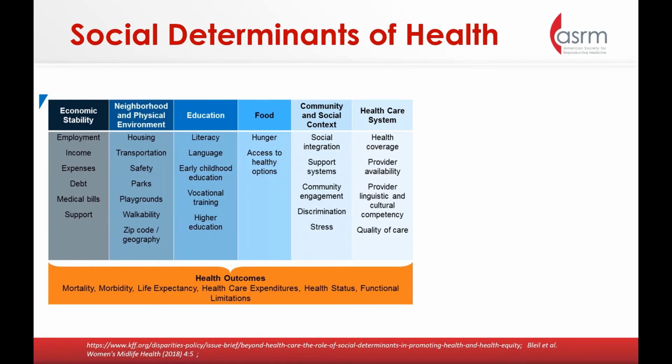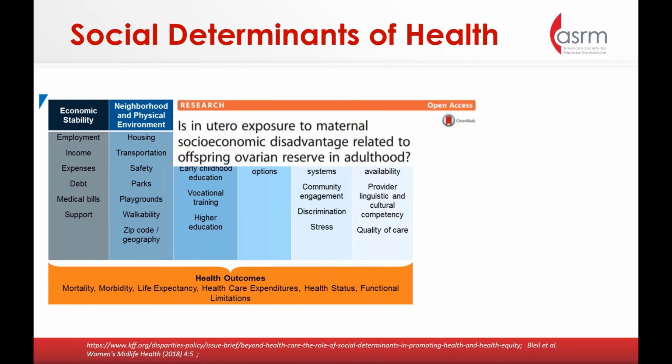Using a subset of participants from their OVA study, Lill and Cedars published this thought-provoking and creative piece entitled, "Is in utero exposure to maternal socioeconomic disadvantage related to offspring ovarian reserve in adulthood?"